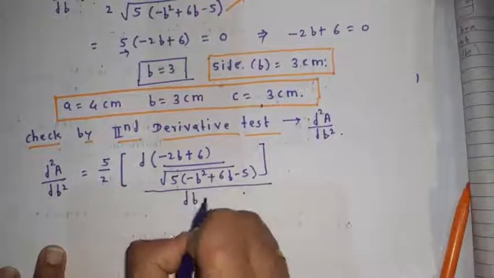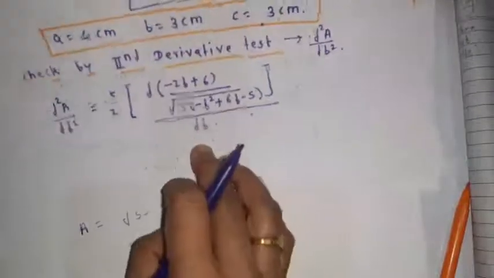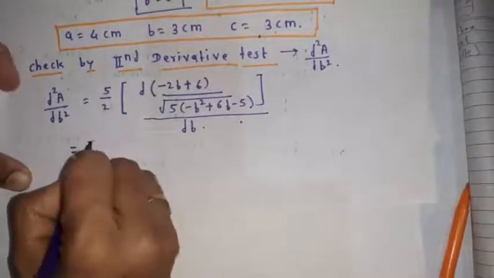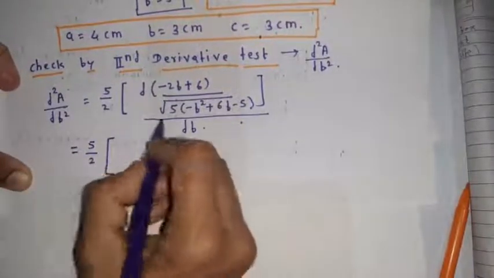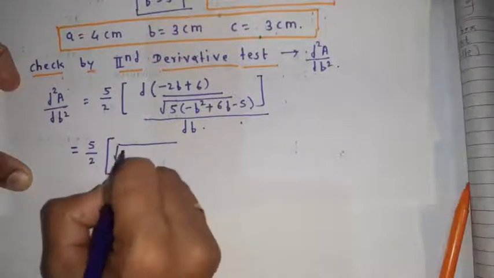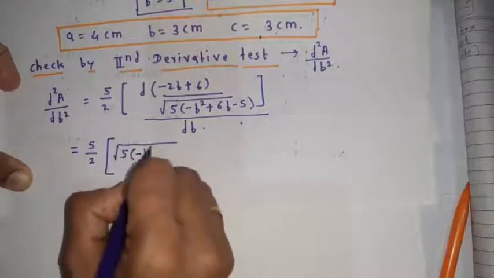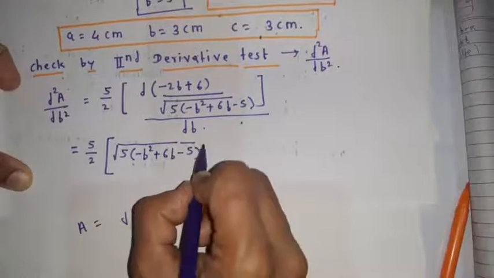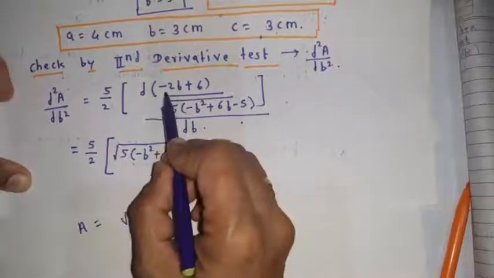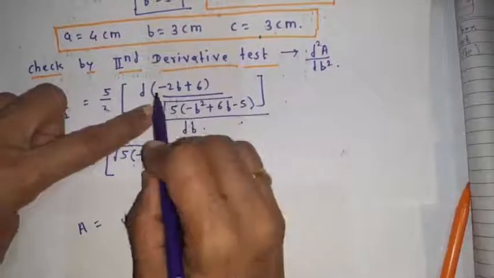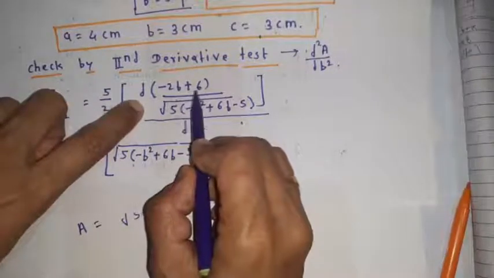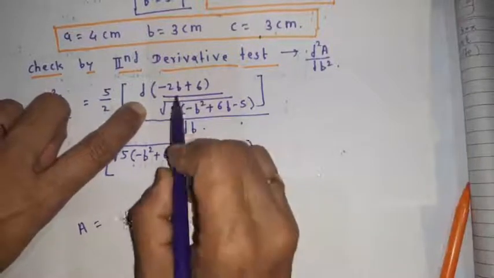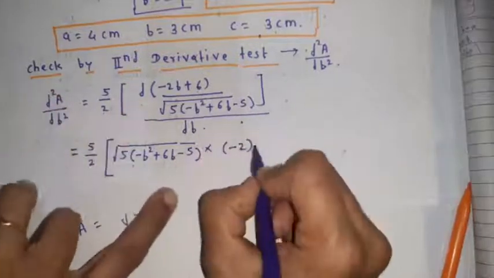So by using the u upon v formula for the differentiation, the function in the denominator, the square root of 5 into minus b square plus 6b minus 5, is kept constant, into the differentiation of the numerator. The differentiation of the numerator, minus 2b plus 6: the differentiation of minus 2b is minus 2. The differentiation of 6 is constant. Minus.